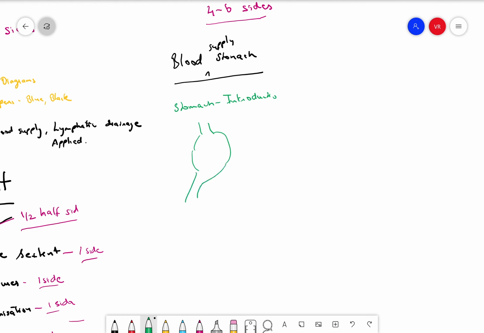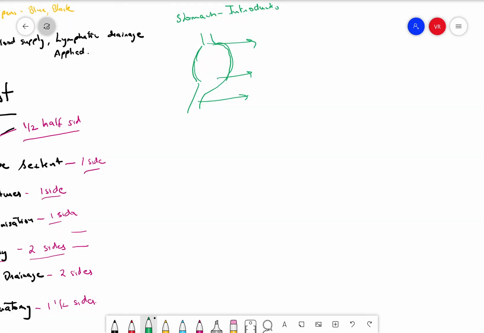Just put a diagram like that, and then you mark the parts of the stomach in this diagram, and then in the next diagram you put the 9 regions of the abdomen. Okay, and just put the stomach somewhere here.